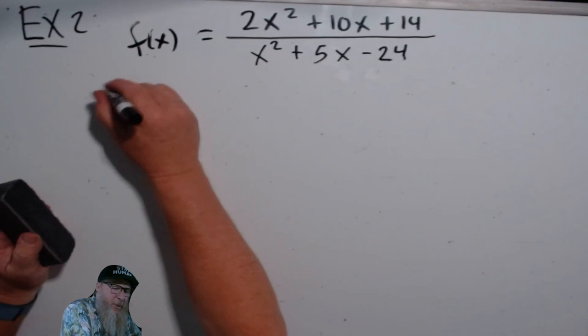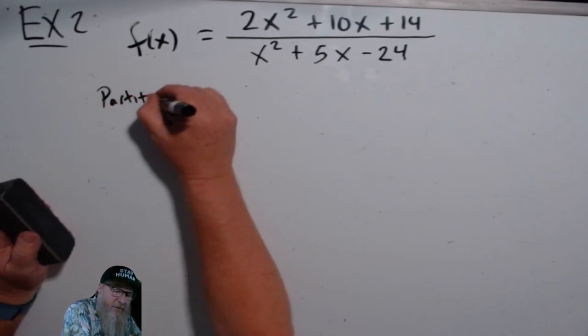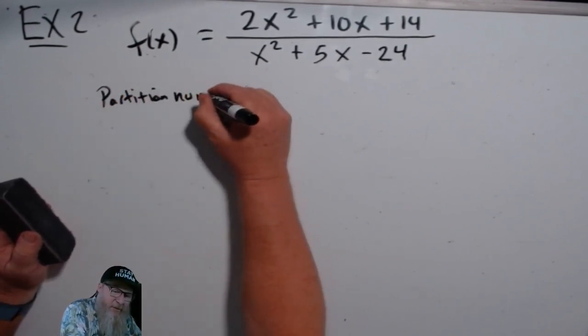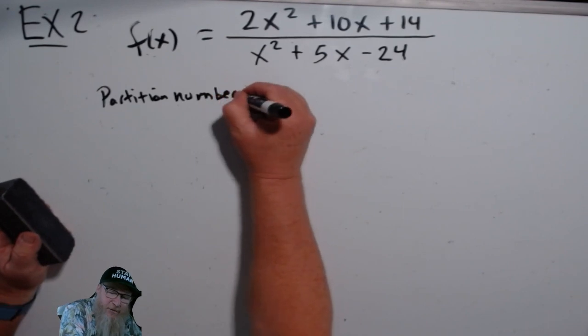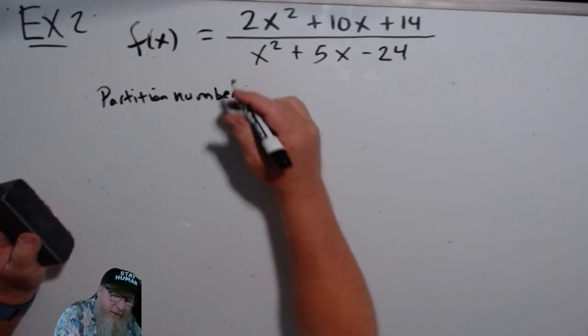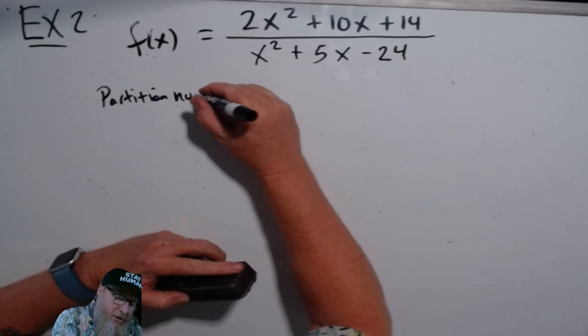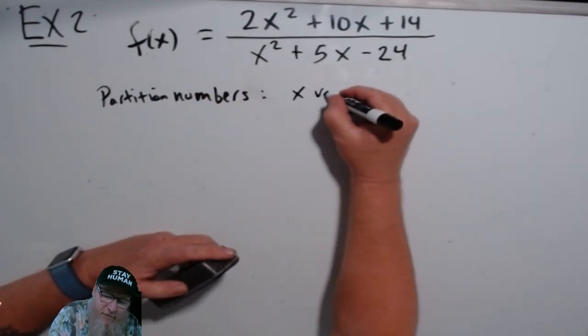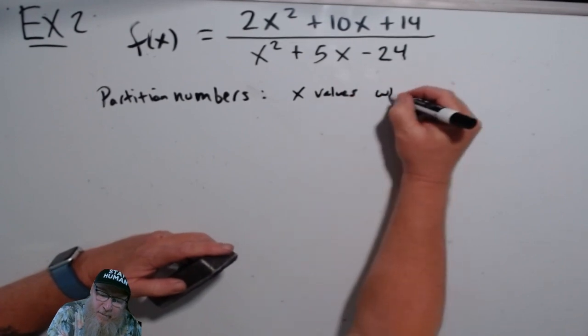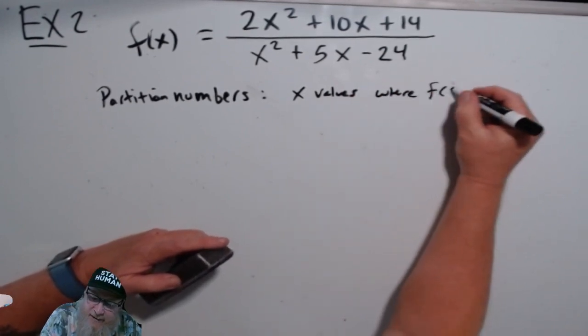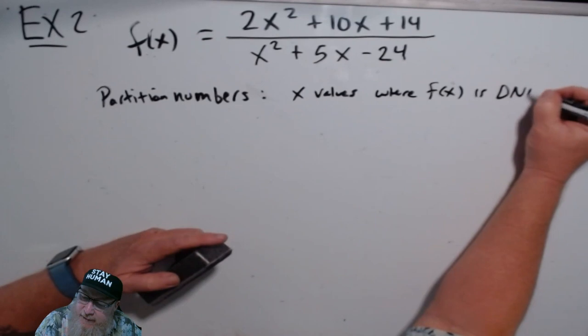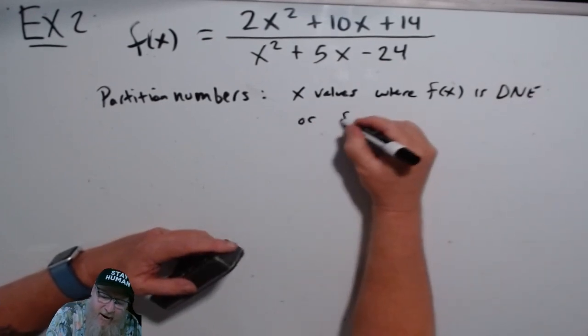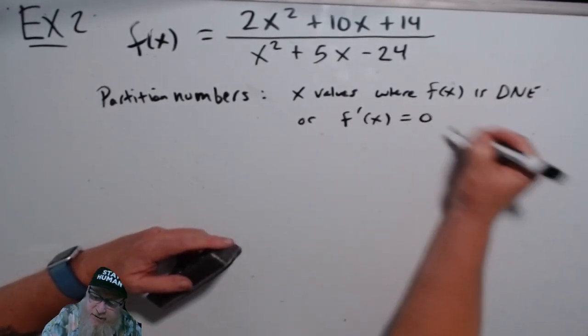Quick review of what partition numbers are, or partition values, same thing. Partition numbers are x values where f of x does not exist, or f prime of x is equal to 0.